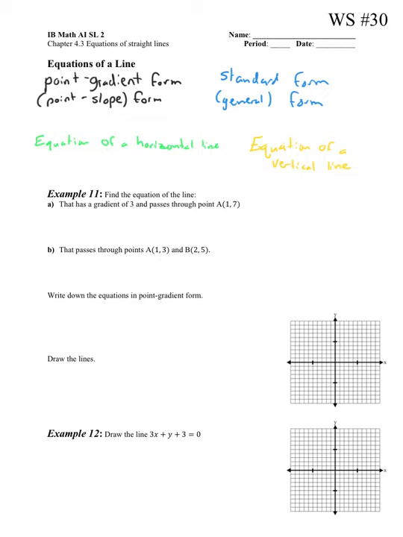So first one, point slope form. That's a really good one for if you know 2 points, you can find the slope.